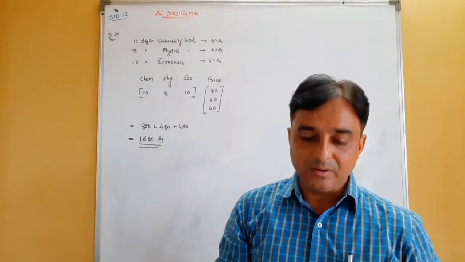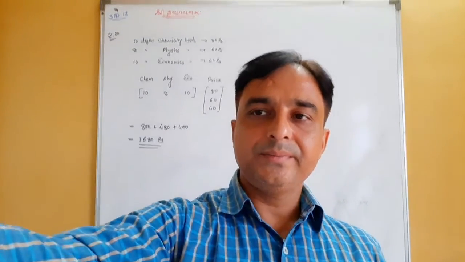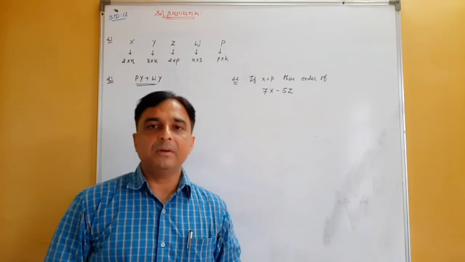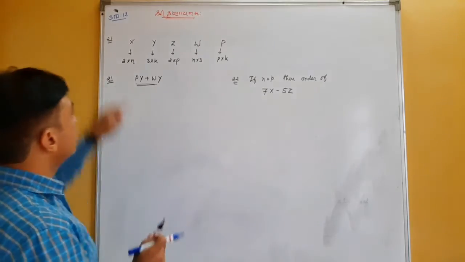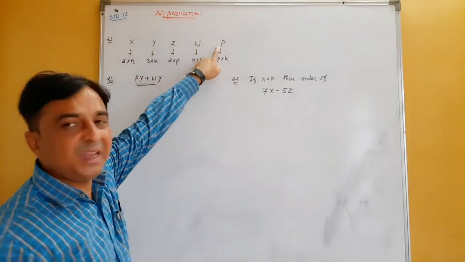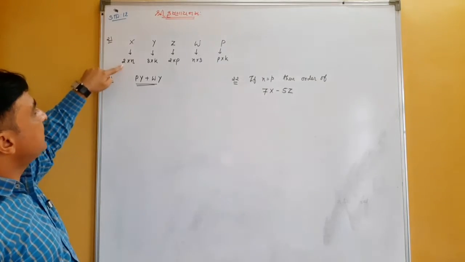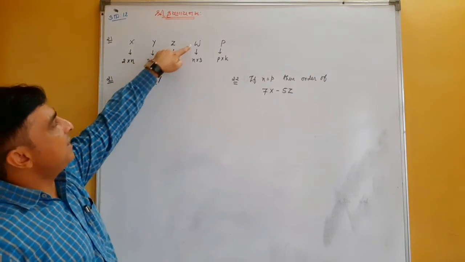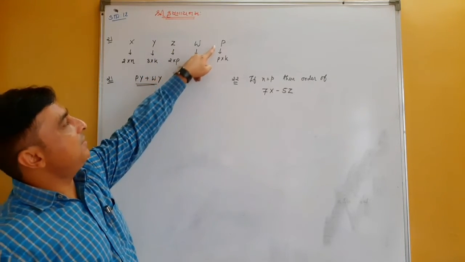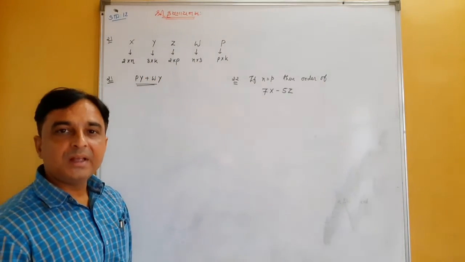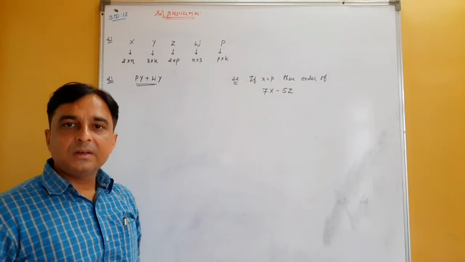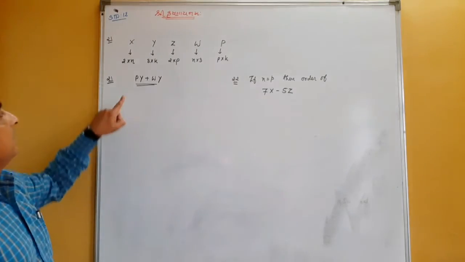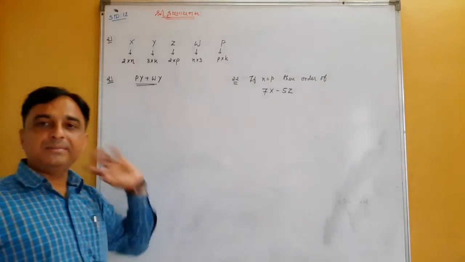Clear? Now, next question. Last two questions. We have given matrices X, Y, Z, W and P with order X with 2 cross N, Y with 3 cross K, Z with 2 cross P, W with N cross 3 and P with P cross K. Then which restriction can we put so that the matrix will be defined.